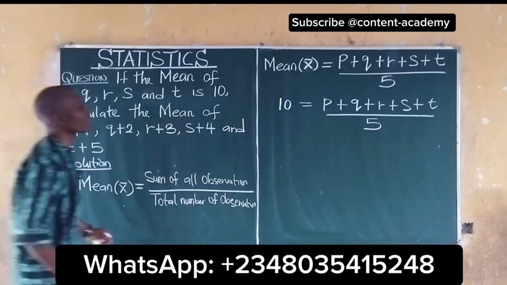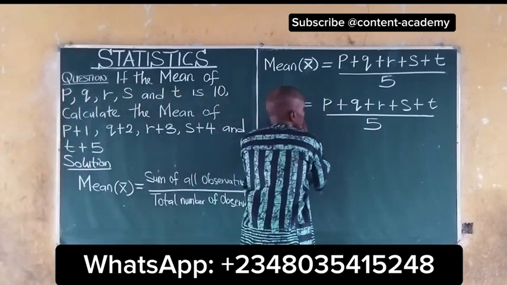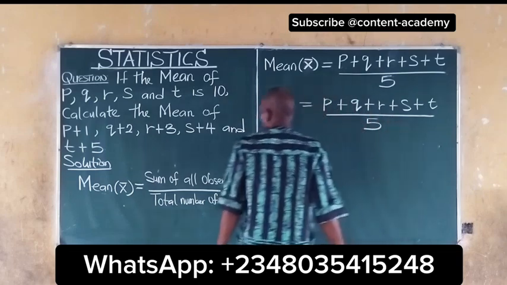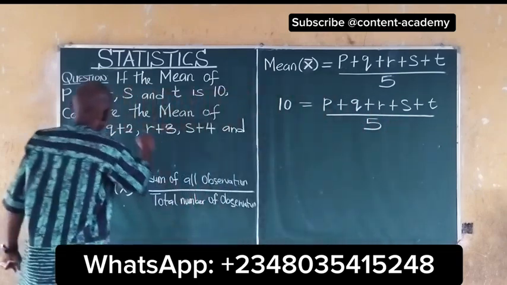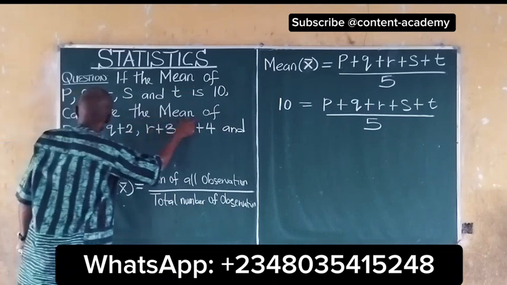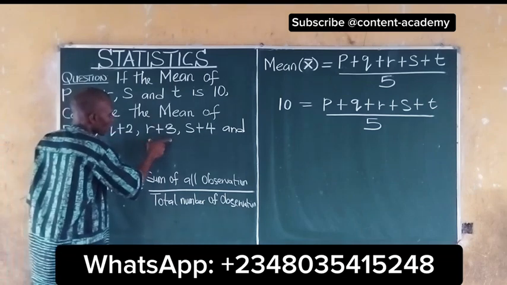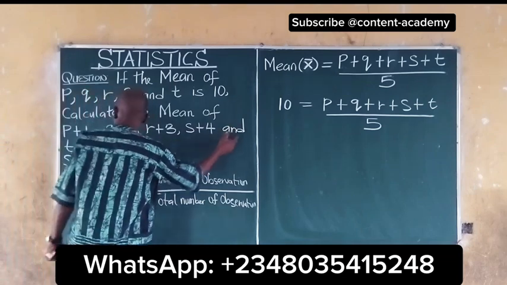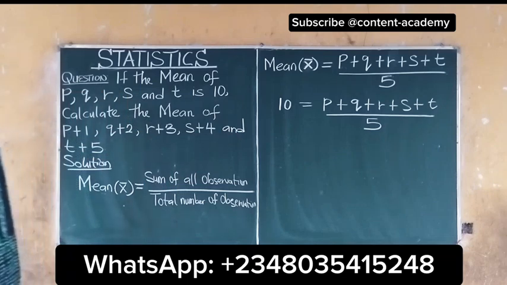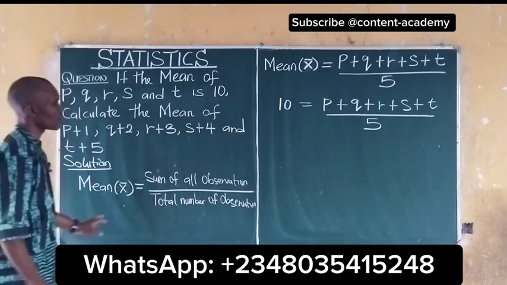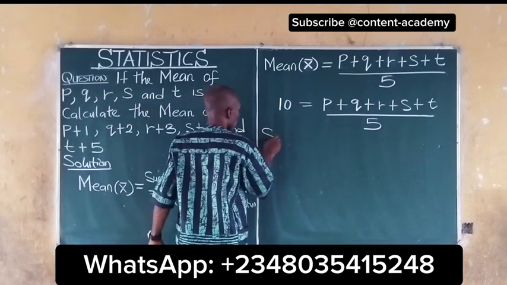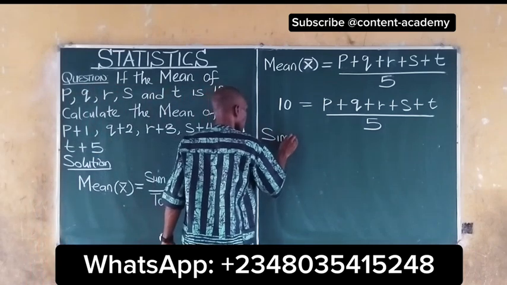So it then means that this 10 is equal to this. Now, for the given question, they said calculate the mean of P plus 1, Q plus 2, R plus 3, S plus 4, and T plus 5.